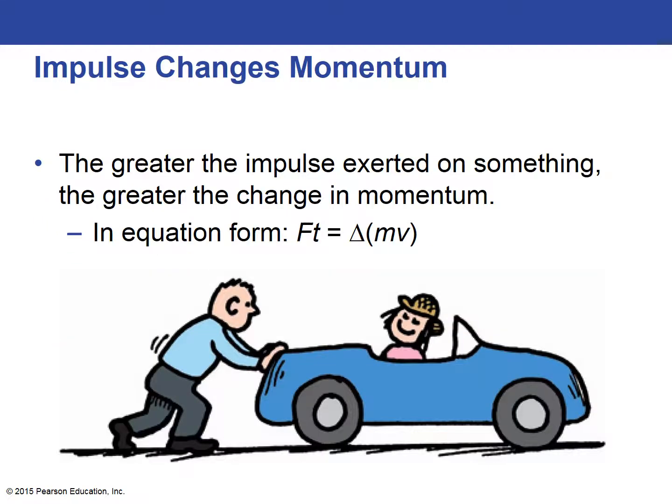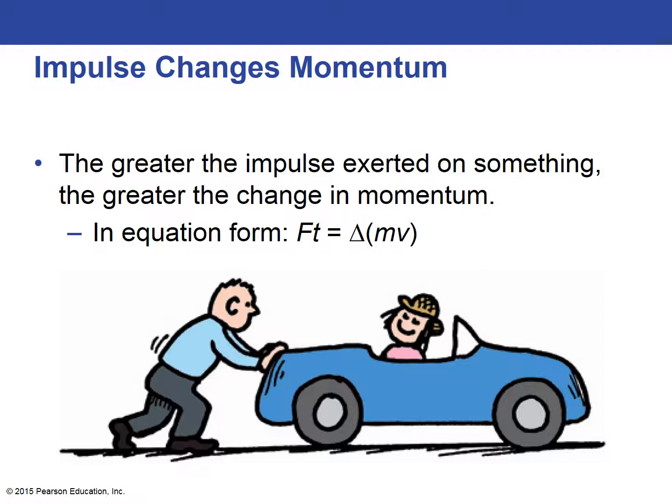Now, as you can see from this slide, if we apply a greater force to an object, that will generate a higher impulse applied to it, and that will have a resulting change in momentum of the object which is being applied. Now, in this case, it's important to realize that when we talk about the change in momentum of the car, we have to include not only the applied force, but the frictional force.